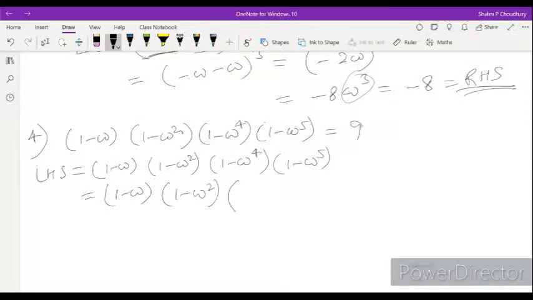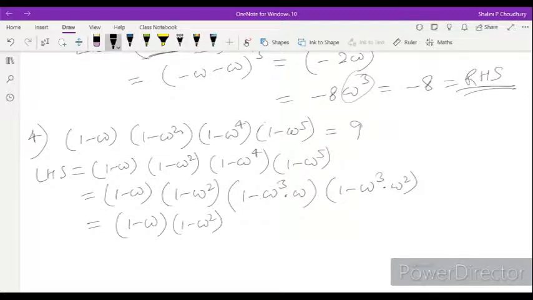Next, 1 − ω⁴ we can write as 1 − ω³·ω, and 1 − ω⁵ we can write as 1 − ω³·ω². So it will be (1 − ω)(1 − ω²), and here ω³ is equal to 1.